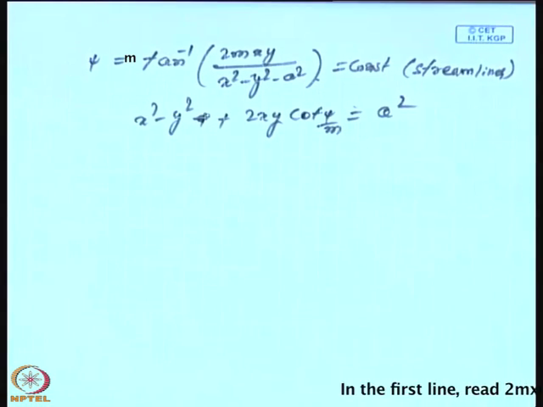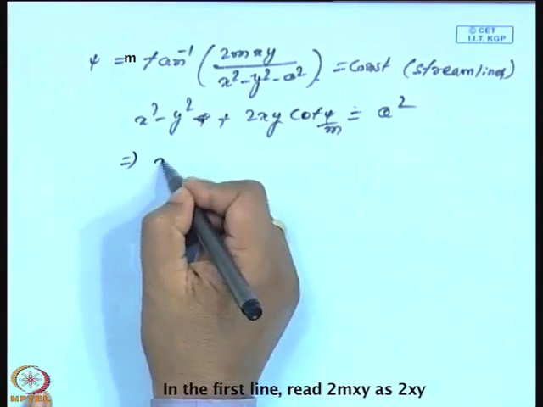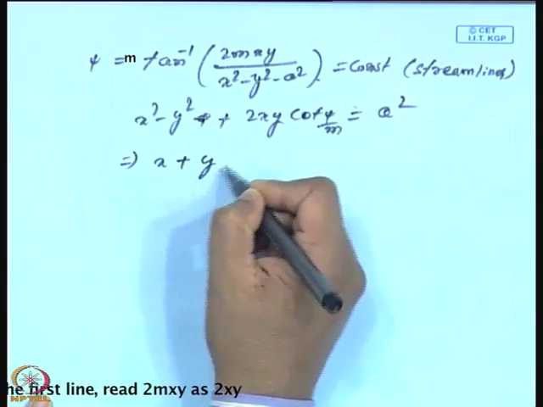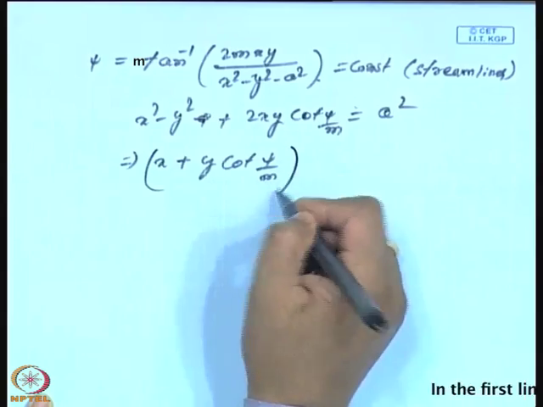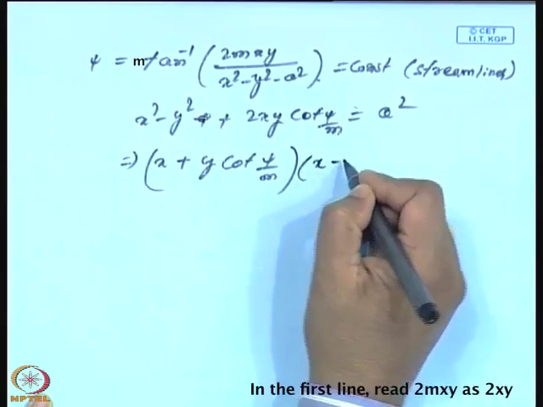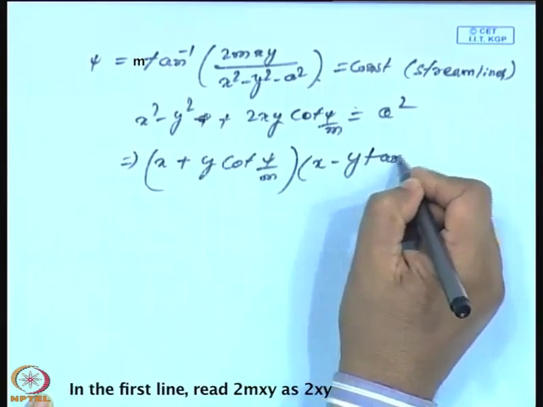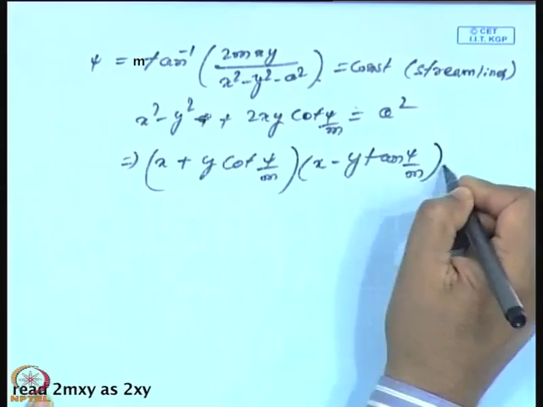And if I simplify this, this is same as x plus y cot psi by m into x minus y tan psi by m. This is equal to a square.